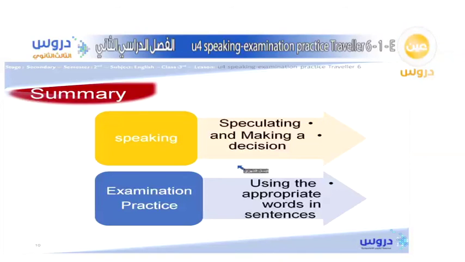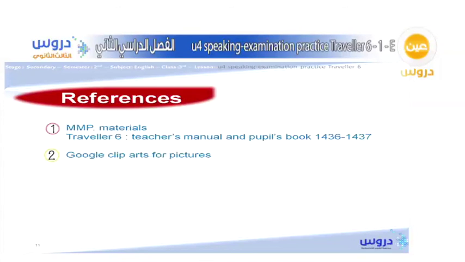And then we moved to the second part of the lesson, which is examination practice, and we got trained on how to use the appropriate words in the sentence. If you can remember the previous slide. Okay, that was all the lesson about the speaking examination.